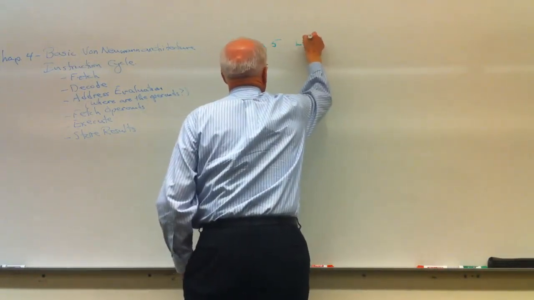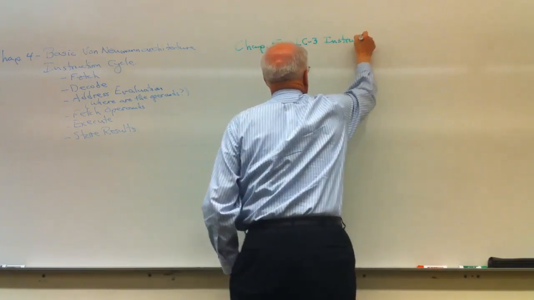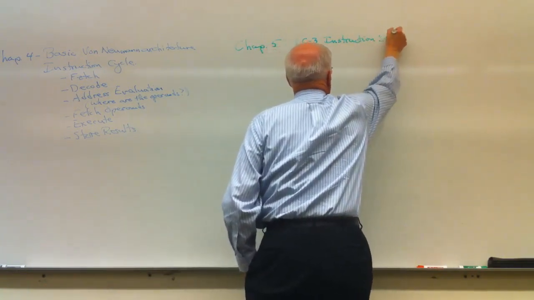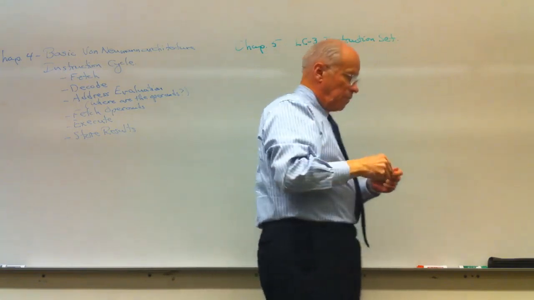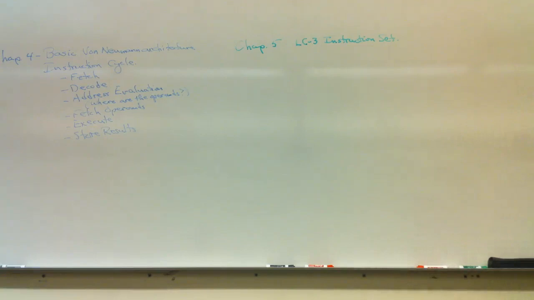There are a couple of things out of this. First of all is the instruction set itself. A copy of that instruction set on the inside back cover is attached to the test. Okay, so you don't have to memorize that.